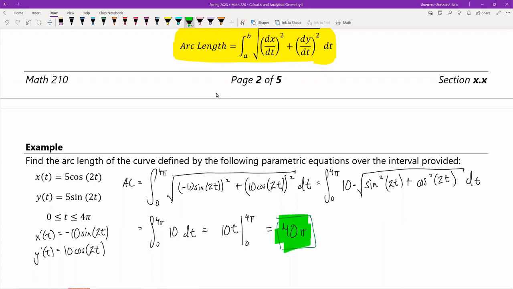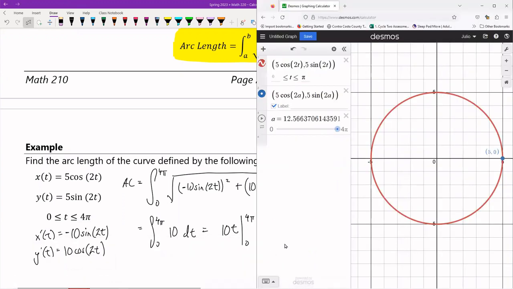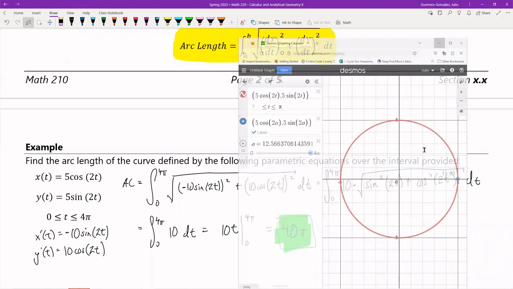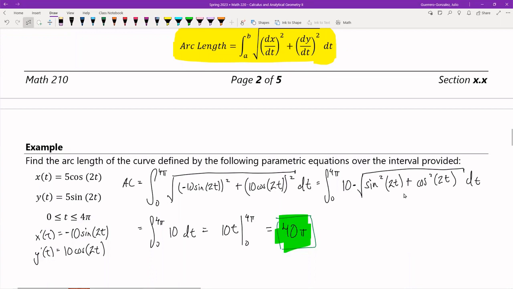Now, for kicks and giggles, let's go back to our graph. This is supposed to be a circle of radius 5, and we're going 4 times around it. The circumference is 2 pi times the radius, which in this case is 5.